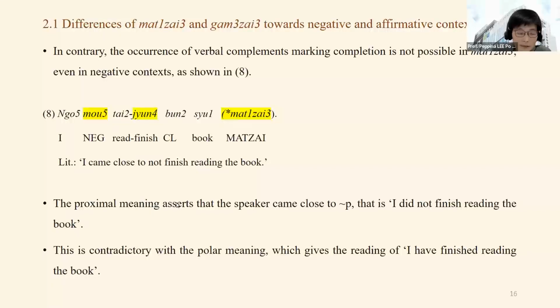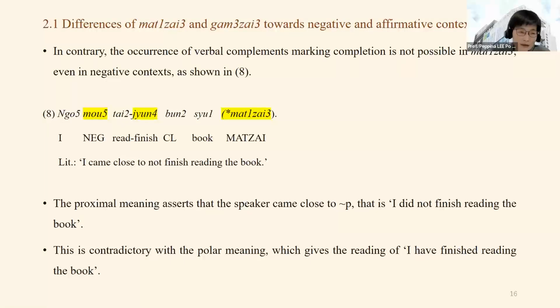If you really want to explain why, it is easy to explain. The proximal meaning asserts that the speaker came close to negative P. That is, he or she, or I, did not finish reading the book. However, this seems to be contradictory with the polar meaning coming into play: I have finished reading the book. That's why the contradiction between the two makes the sentence a little bit odd.